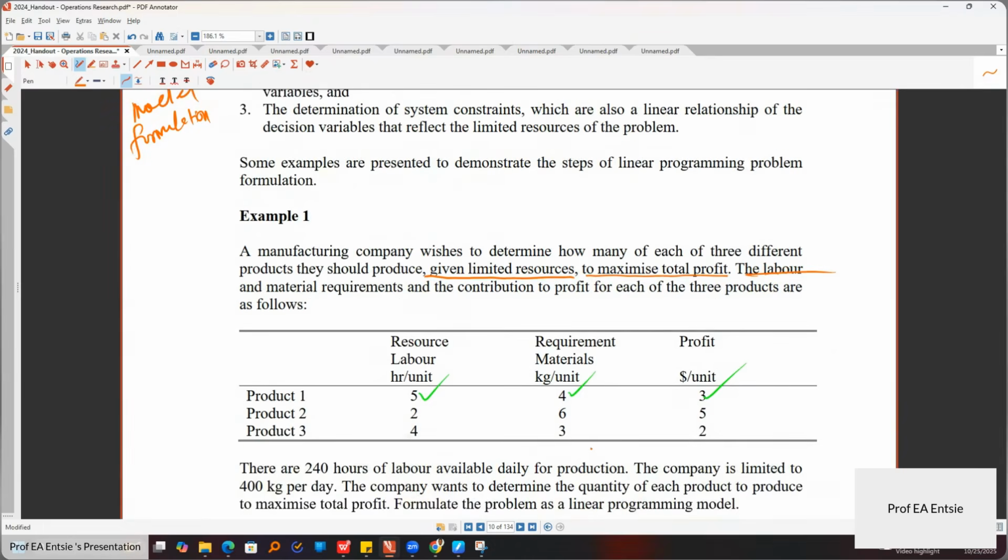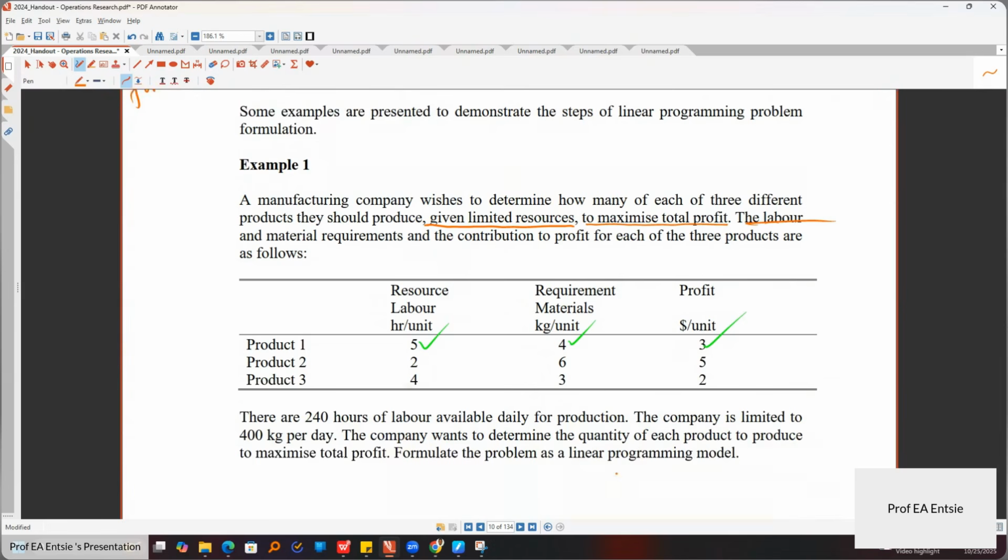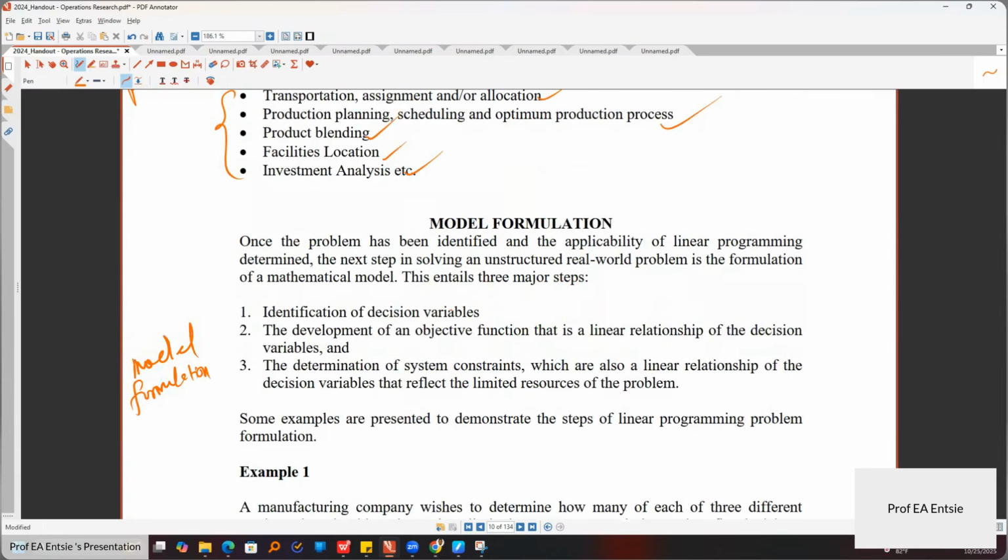So you will use this first example here to illustrate the model formulation process. First of all, you need to find the identification of decision variables. The decision variables are what we want to find after solving the model, after using the linear program to solve the model formulation. That's what we are after.